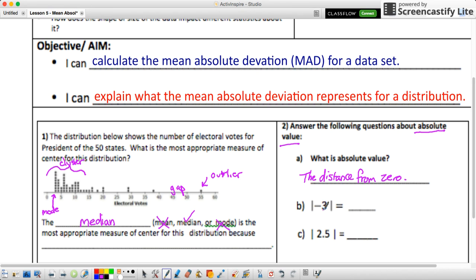So the absolute value of -3 is going to be 3, because 3 is 3 units away from 0. 2.5, a lot of students think that these are opposites. These are not opposites. Opposites mean we change the sign. The absolute value is just asking how far the number 2.5 is from 0. The number 2.5 is 2.5 units away from 0. What we're talking about here is the number that's always positive.